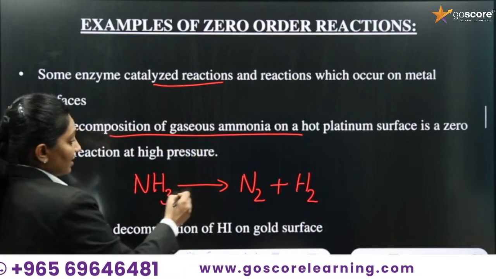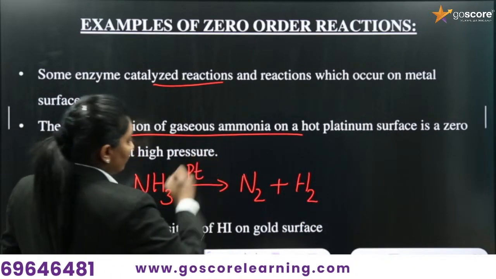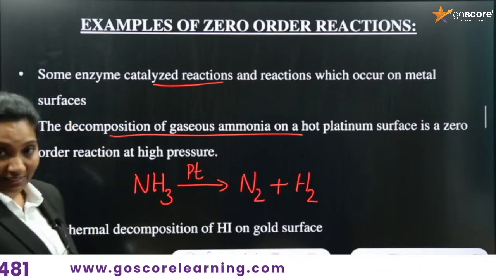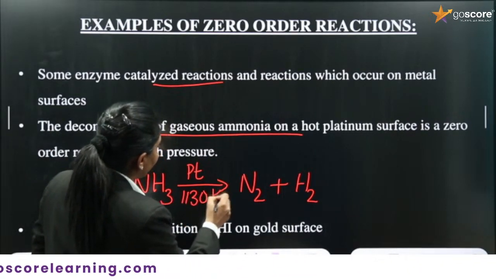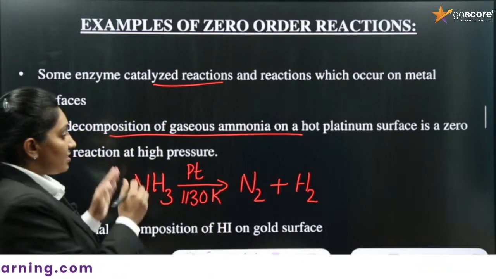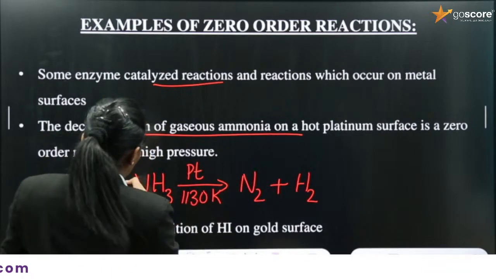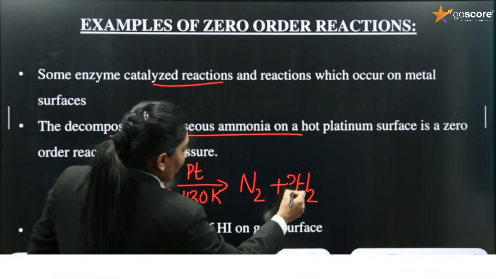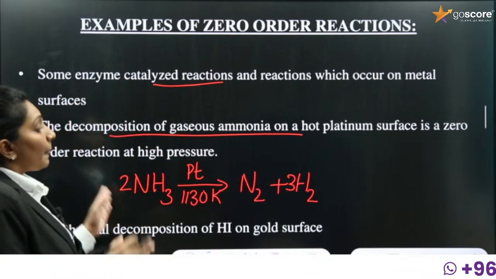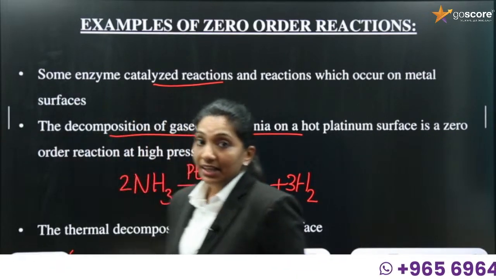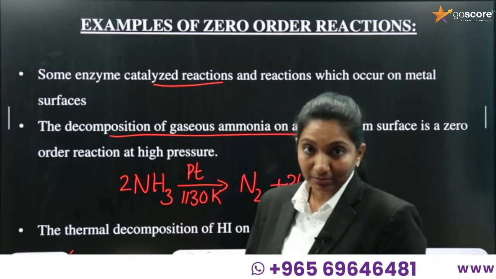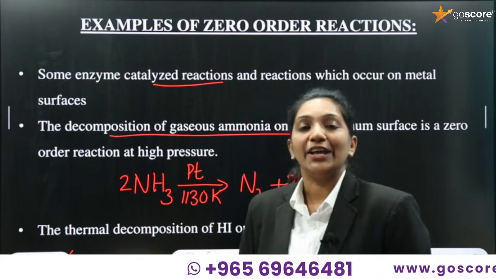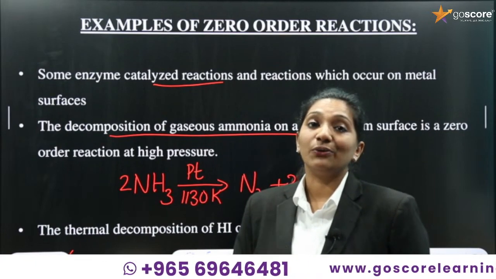If the reaction is carried out at high pressure in presence of platinum catalyst, usually when you balance the equation, it will be 2 and 3, right? So this reaction, that is the decomposition of ammonia in presence of platinum at high pressure, usually follows zero order kinetics.